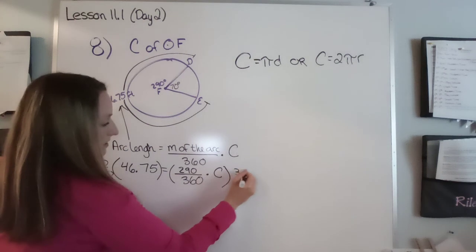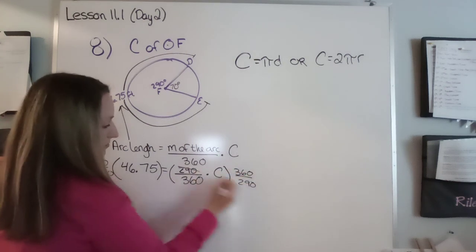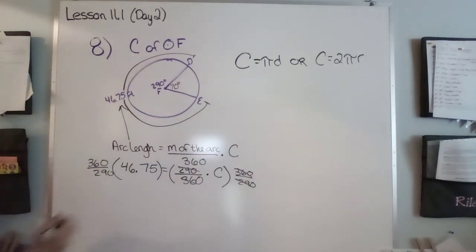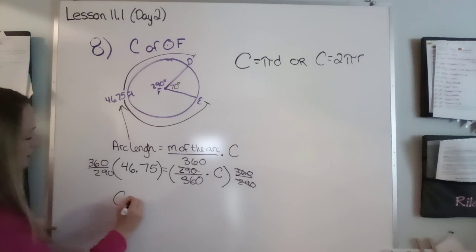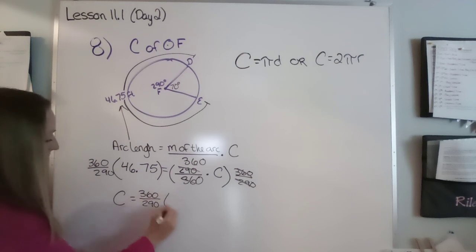When I multiply it by the reciprocal, the fraction on the right-hand side cancels. So now I'm left with circumference is equal to 360 over 290 times 46.75.